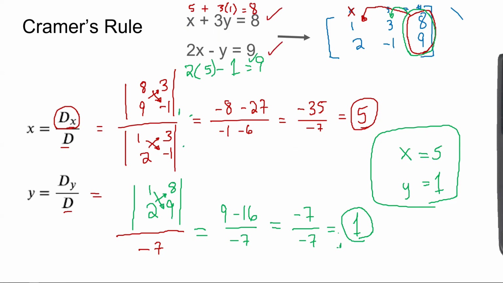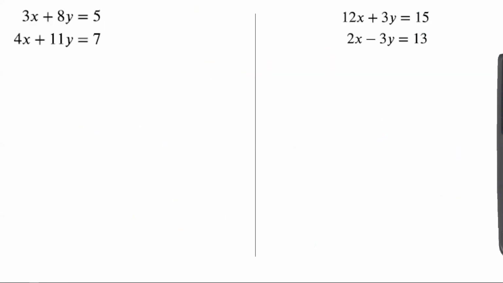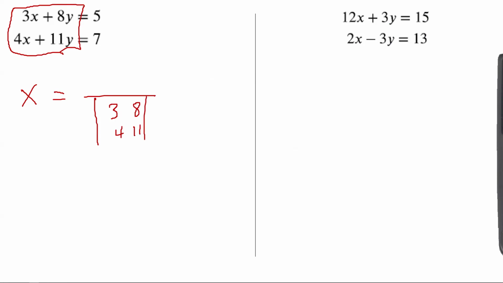Crazy. All right. Here's a couple more. And so to get X downstairs, I've got the 3, 8, 4, 11, just the first part of that. I want to take that determinant. And then up top, I need to take the determinant.